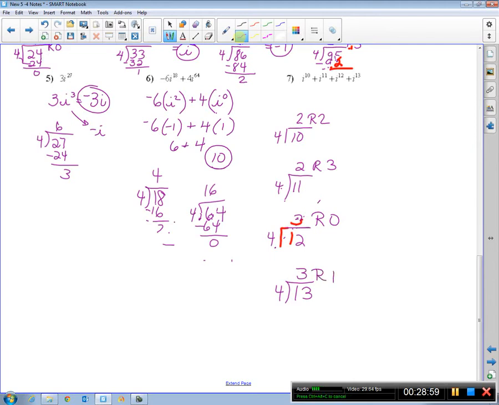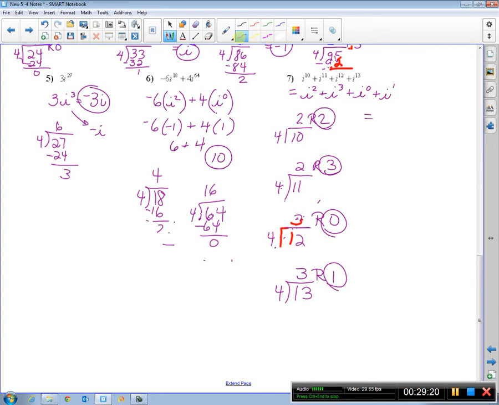Remainder 1. So I'm going to rewrite this entire line using only the remainders now: i squared plus i to the third plus i to the 0 plus i to the first.